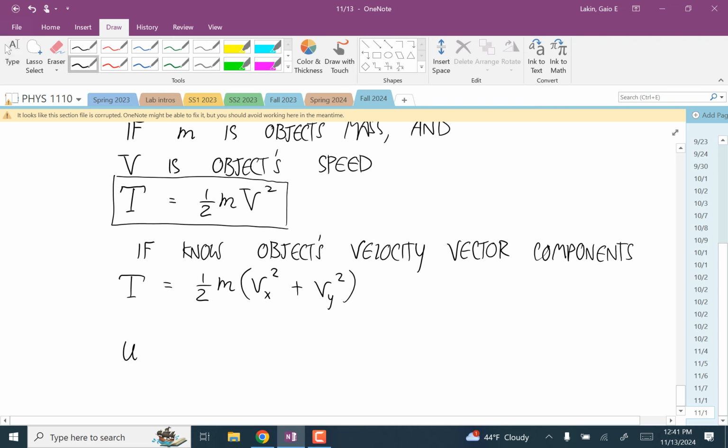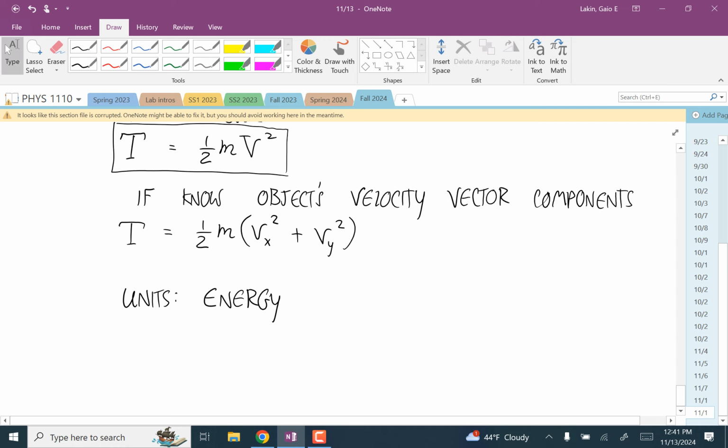The units for all types of energy are the same. And you can express them in a couple of different ways. One way for the energy units to appear is as units of force times units of length.